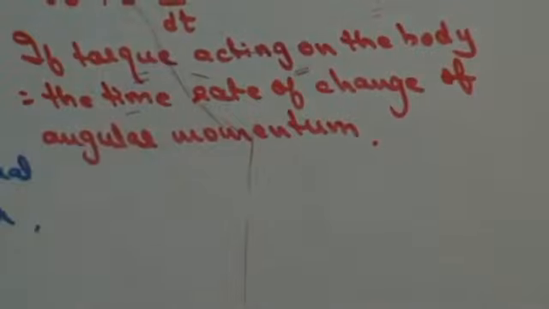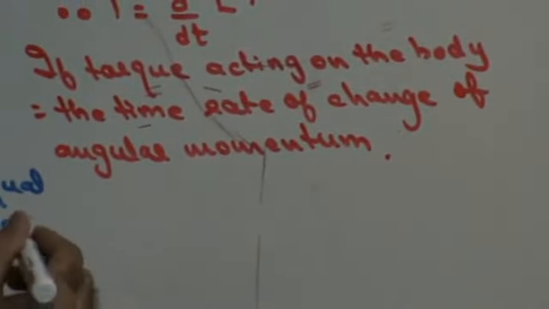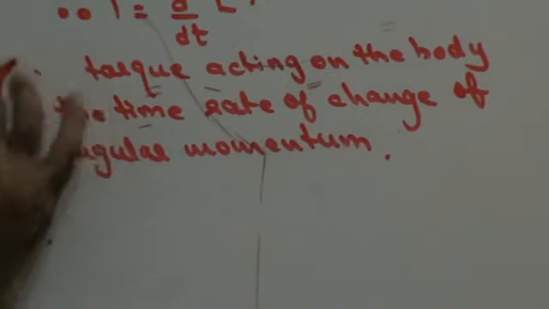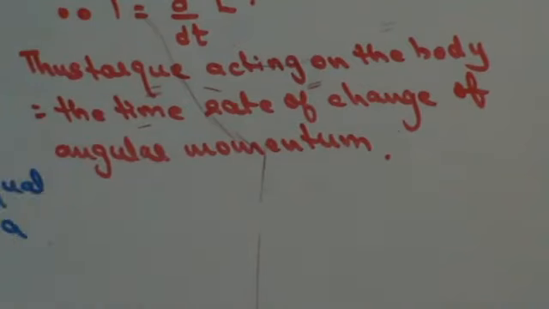This is what I've just written: T is equal to d by dt of L. In words, thus torque acting on a body is equal to time rate of change of angular momentum.